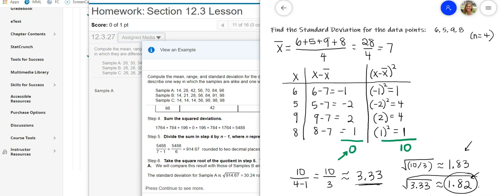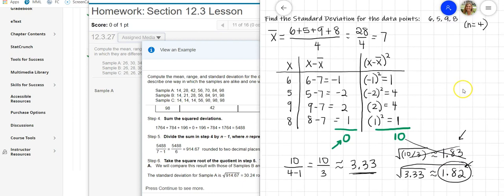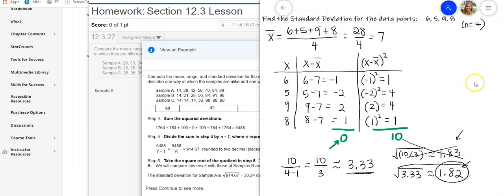So even though the 1.83 is slightly more accurate, to get what they are going to be looking for in My Lab and Mastering, they're going to have you round your division to 2 decimal places, then take the square root of that number, and then round that as well. So standard deviation is approximately 1.82. It's only differing by 1/100th, so still quite accurate.